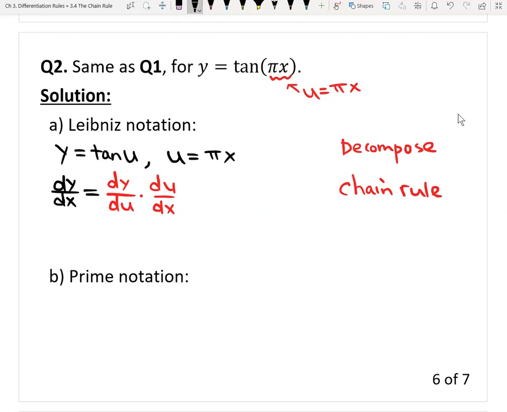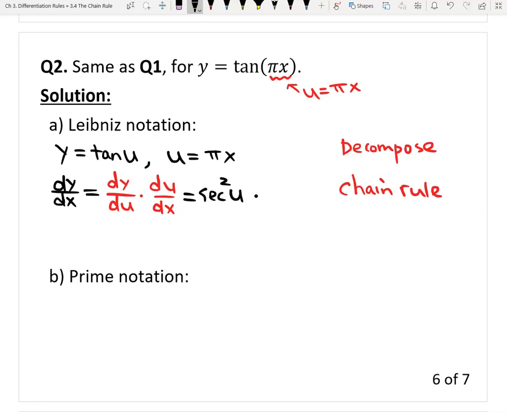Now all we have left is to plug in: what is the derivative of the outer, what is the derivative of the inner. For dy/du, which means the derivative of tangent u, I hope you remember the formula we used before, which is secant squared at u.